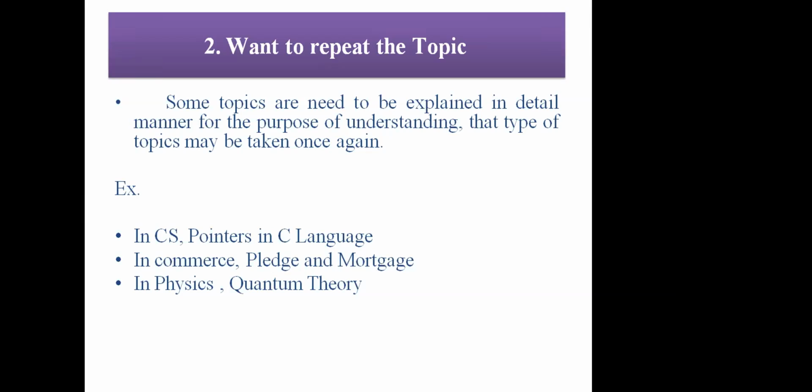It's a confusing one, so students request the topic once again. Third, in physics, what do you mean by quantum theory? It's also a tough one. So these come under want to repeat the topic. If the topic is tough at the moment, students want to repeat the topic once again. It's the second type of thumbs up and thumbs down method.